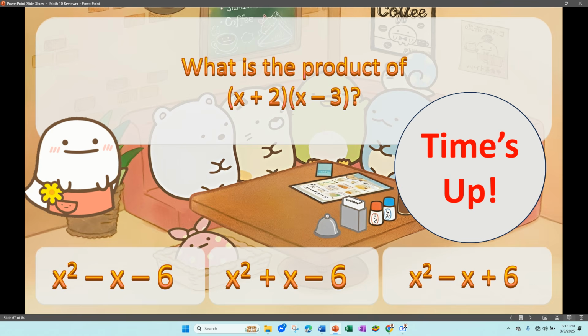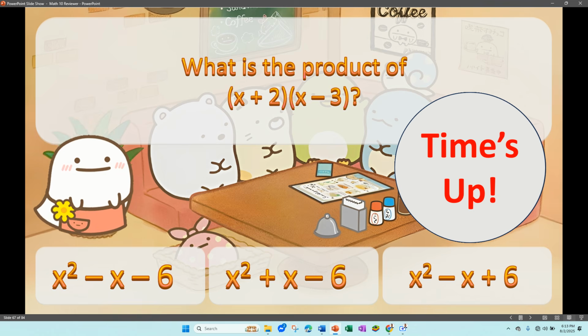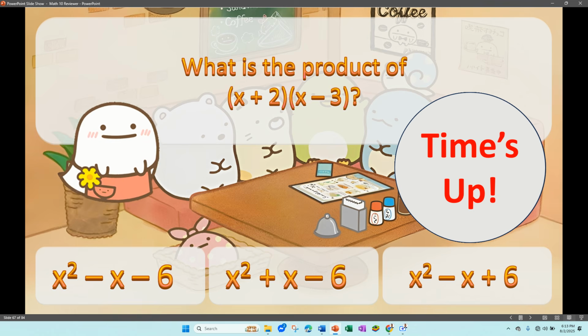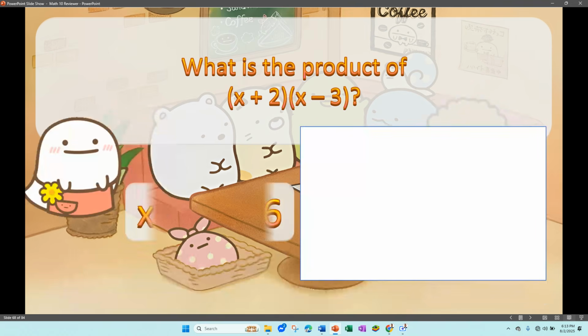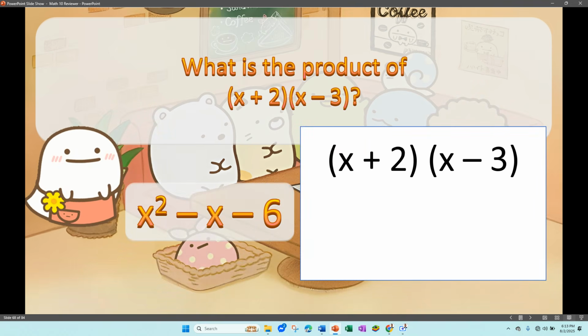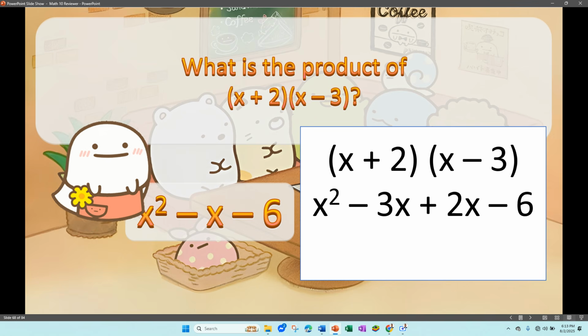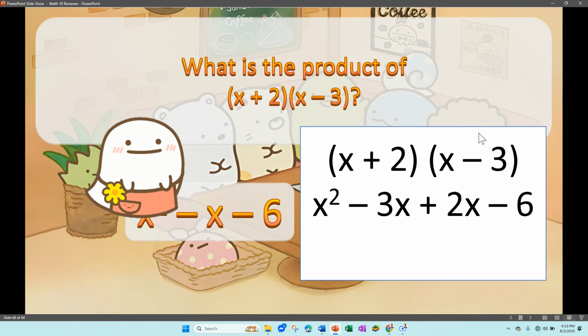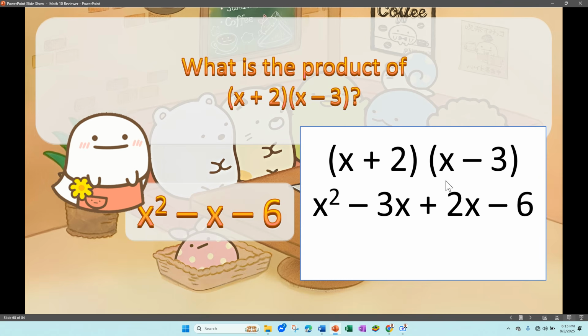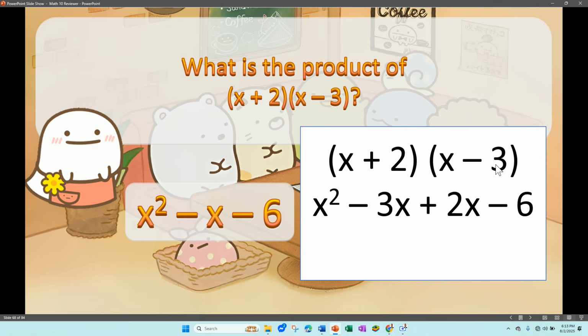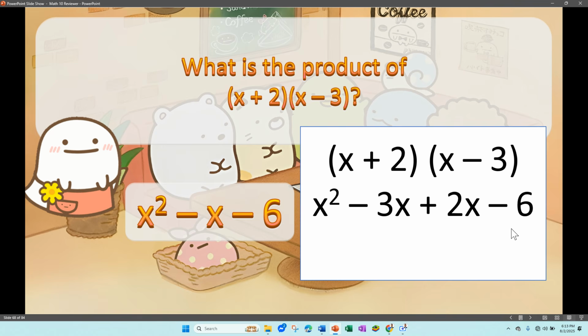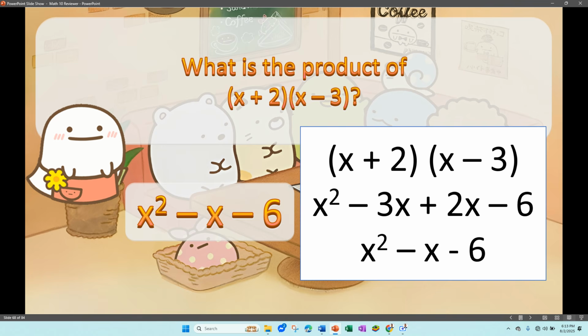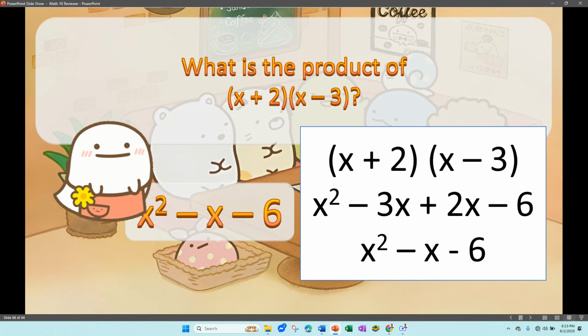Pwedeng gumamit tayo ng FOIL method, or pwede tayong gumamit ng distributive property of equality. Since this is binomial times binomial, FOIL method po ang gamitin natin. So, x times x is x squared, x times negative 3 is negative 3x, 2 times x is 2x, and 2 times negative 3 is negative 6. Combine like terms po. And the answer is x squared minus x minus 6. And this is the product.